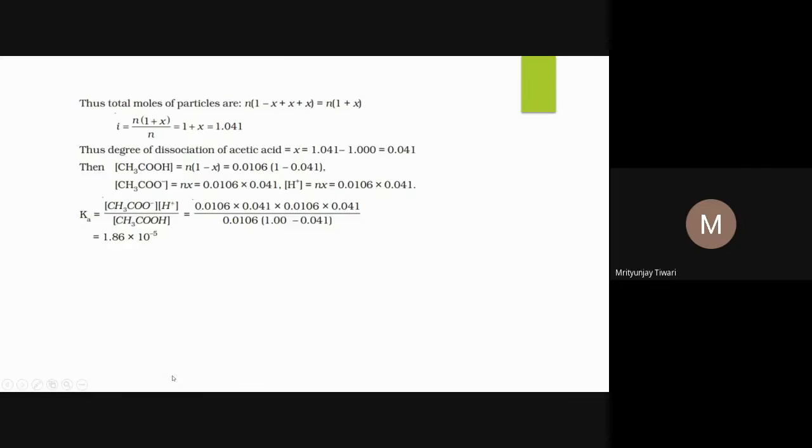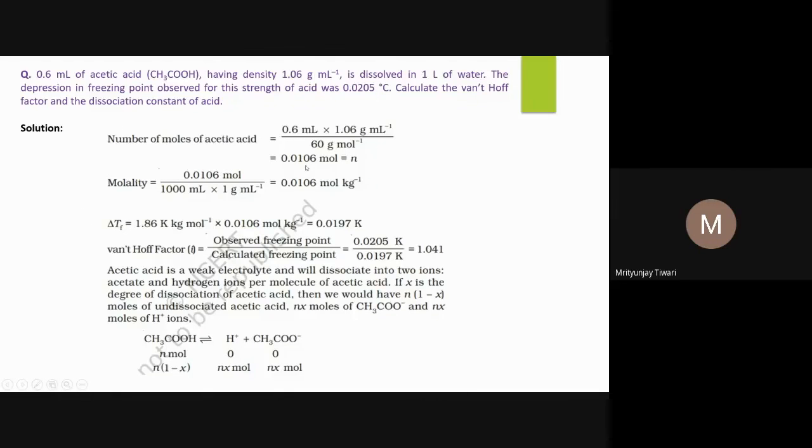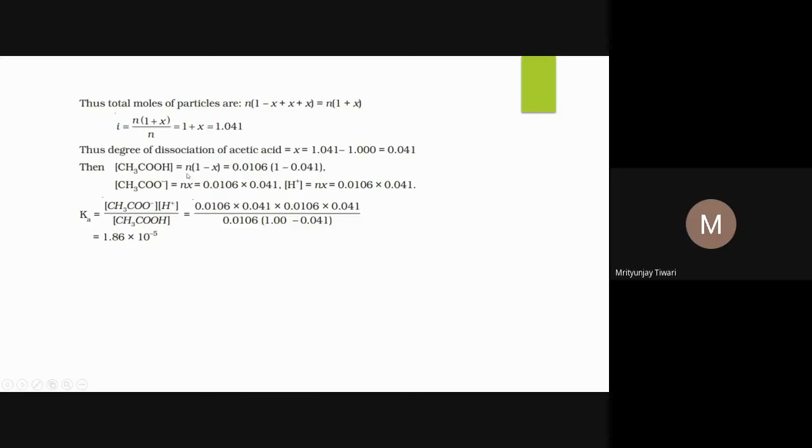The value of n we have calculated here, 0.0106, so we put 0.0106 into 1 minus x, where x is 0.041. Similarly, the acetate ion will be nx, and the H plus ion will also be nx. So now we know the equilibrium concentrations of H plus ion, acetate ion, and acetic acid as well.